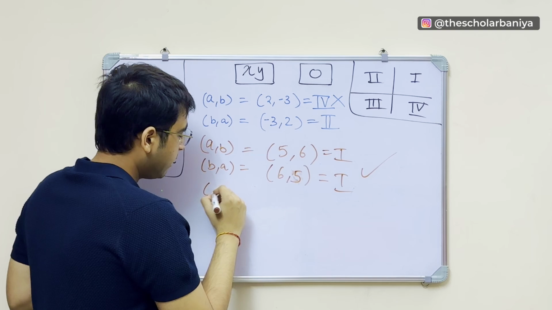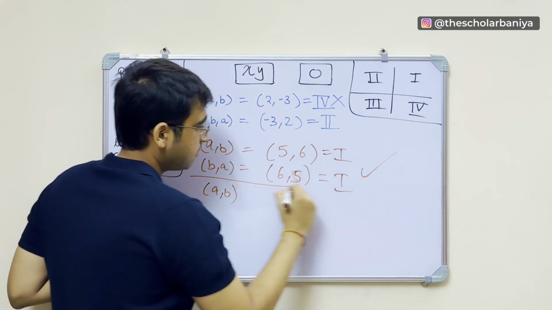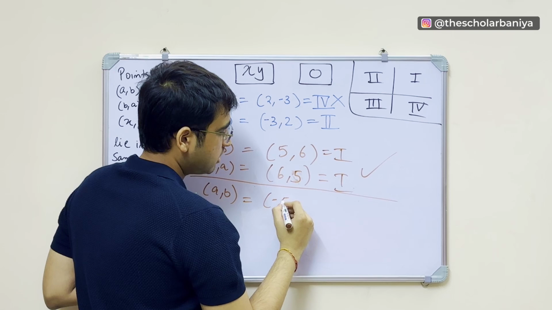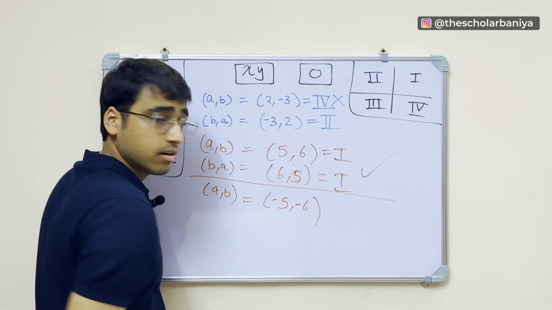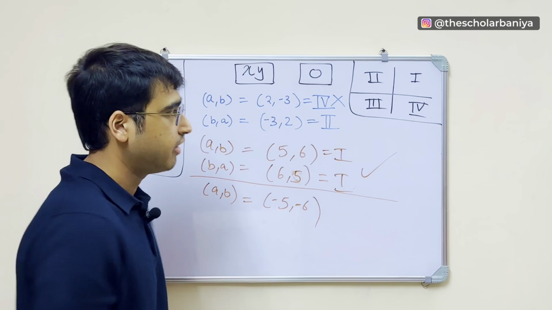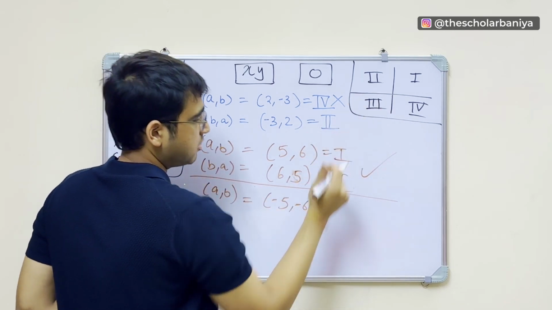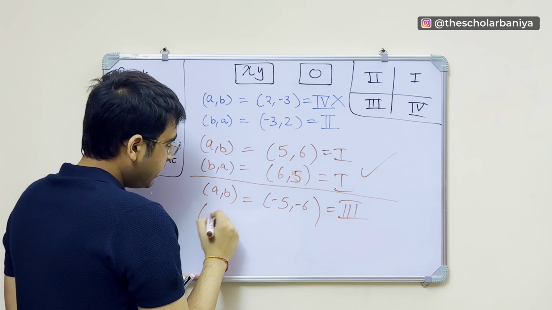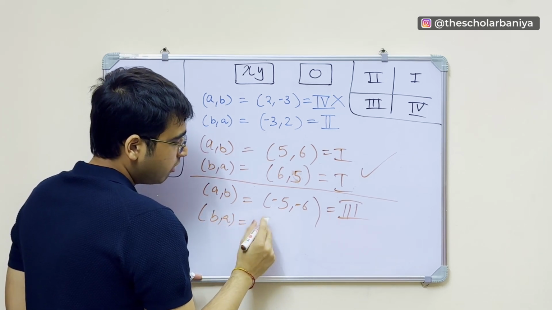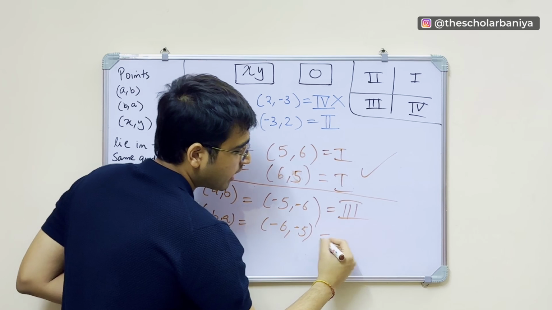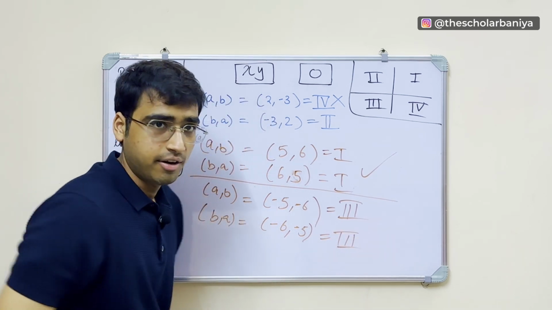Now tell me one thing. If (a, b) is equal to, let's say, both negative, (-5, -6), right? Then it will lie in which quadrant? It will lie in the third quadrant, negative and negative. And if it is (b, a), then what will (b, a) be? (b, a) will be (-6, -5), which again will lie in the third quadrant, right?